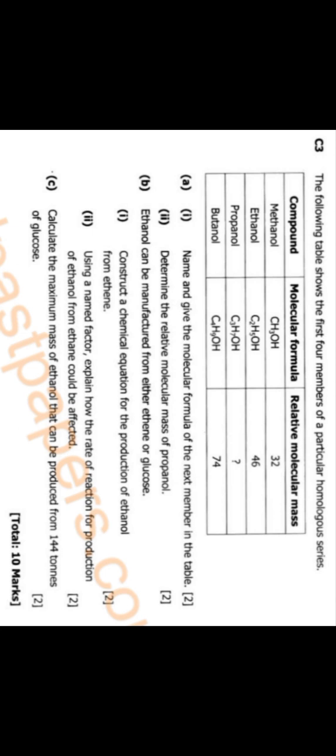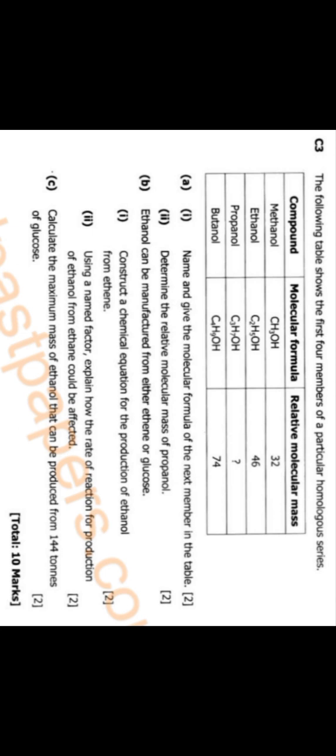The last question: calculate the maximum mass of ethanol that can be produced from 144 tons of glucose. The first thing you need is the chemical equation where glucose breaks down into ethanol and carbon dioxide gas.